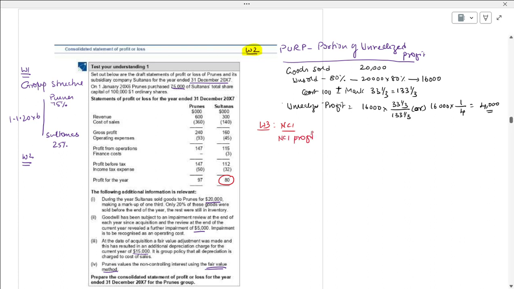Profit for the year is 80, minus the portion of unrealized profit from working 2, which is 4,000. This is in thousands. Next, in point number 2, how much is the impairment?